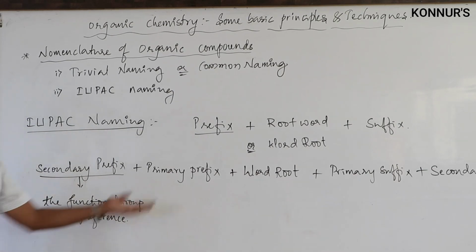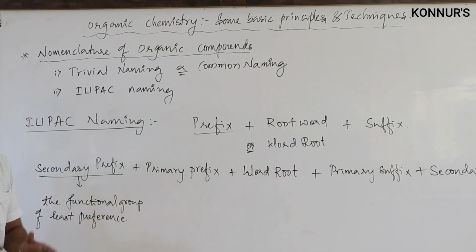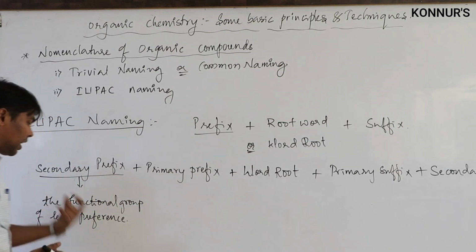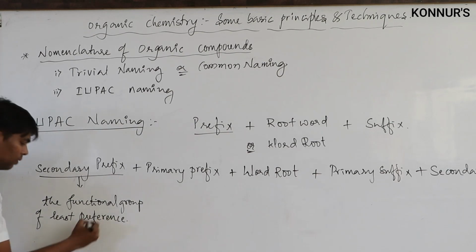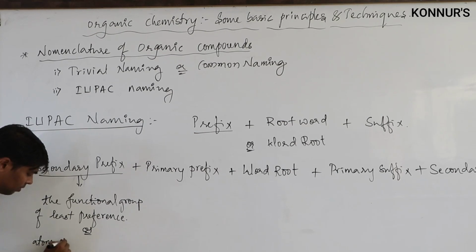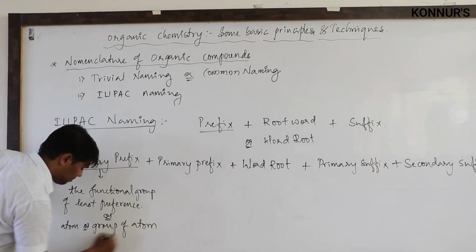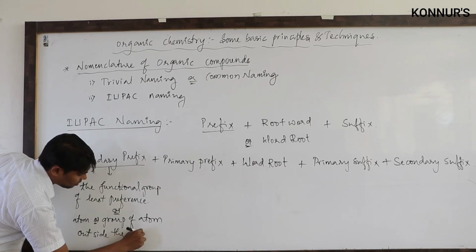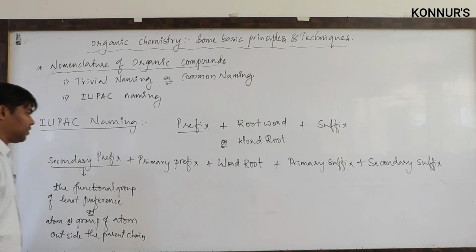So the preferential functional group is named in secondary suffix, but the atom or group of atoms having the least preference than the main functional group will be written in secondary prefix. And one more is there, atom or group of atoms outside the parent chain.